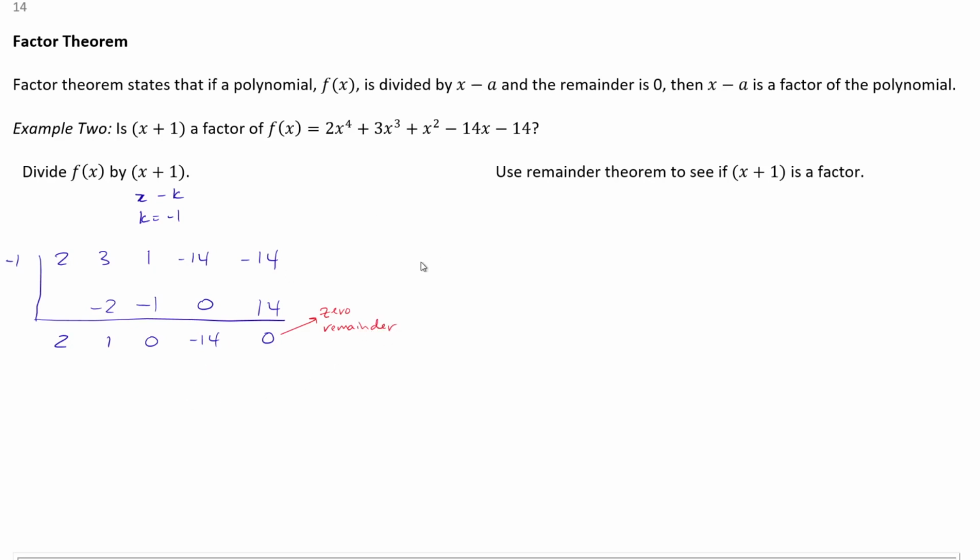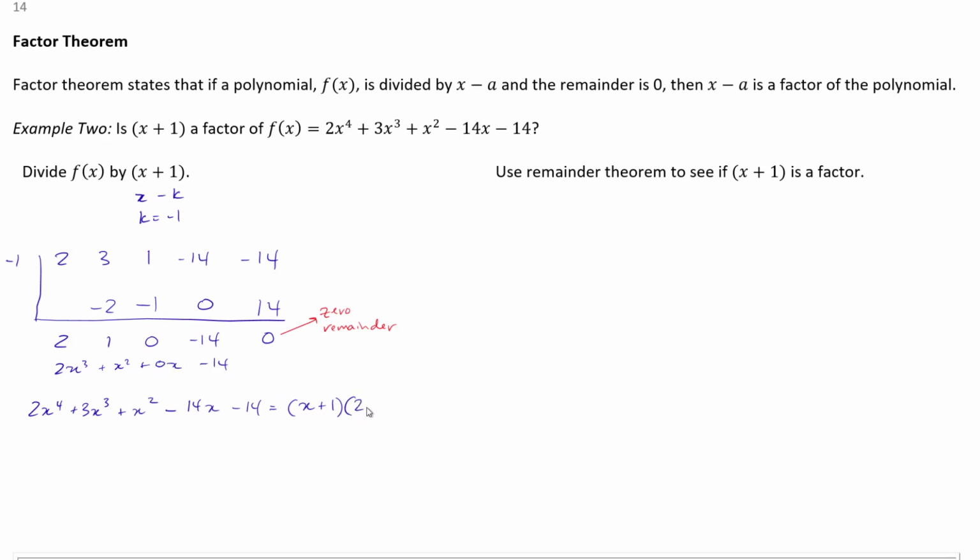And then effectively we can see that if there's no remainder, then 2x to the power of 4 plus 3x to the power of 3 plus x squared minus 14x minus 14 is equal to x plus 1 times, and then you just have to remember over here that this means 2x cubed plus x squared plus 0x minus 14.